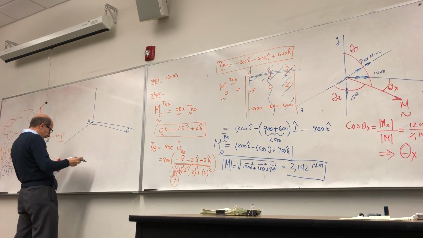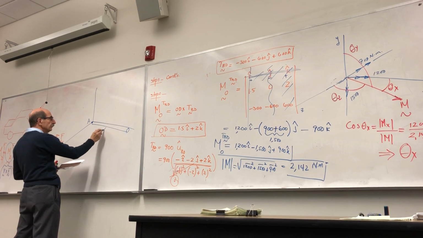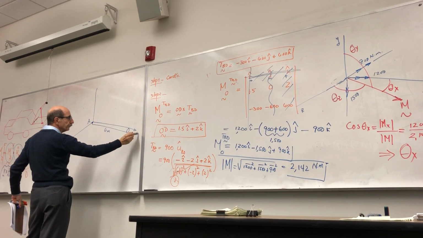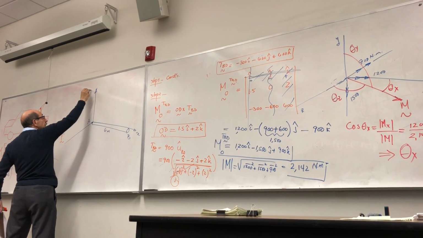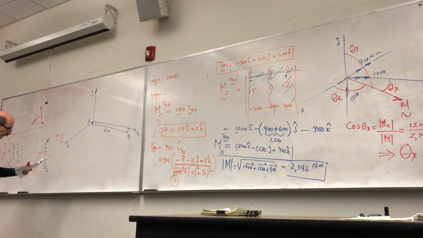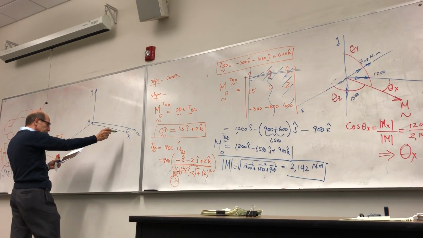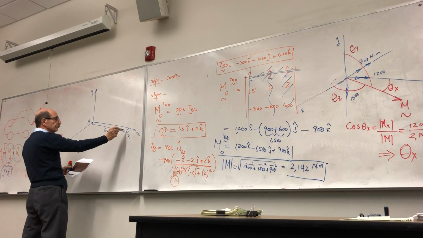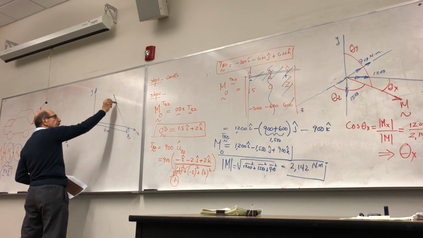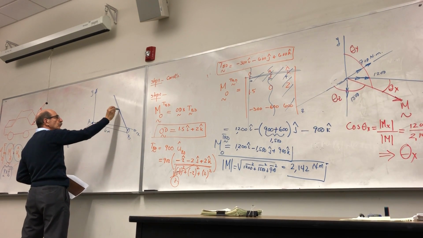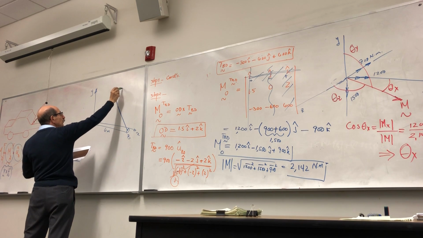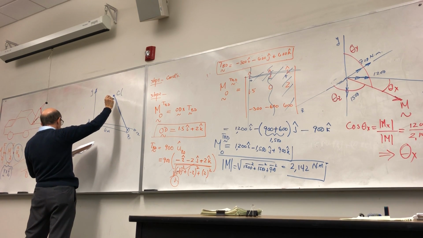Length of this rod is given, 6 meter, A, B. And a cable is connected to point B, which attaches that to this wall at a point C, and the coordinates of this point C are given.